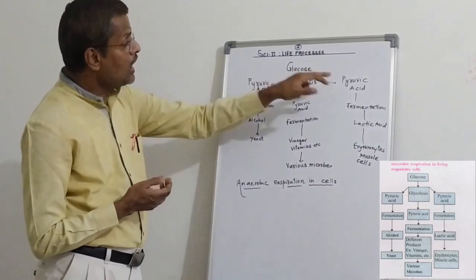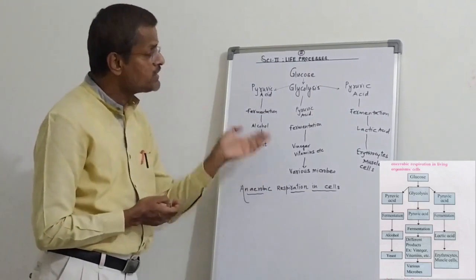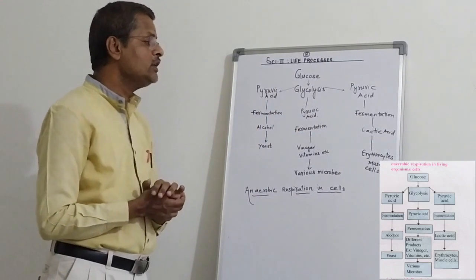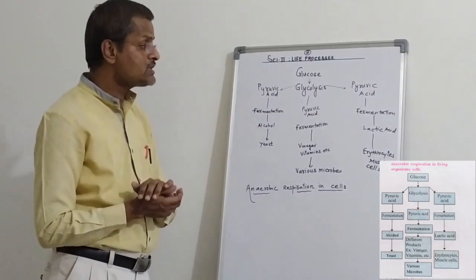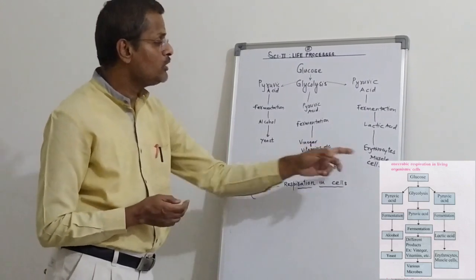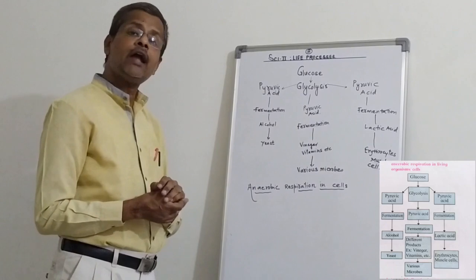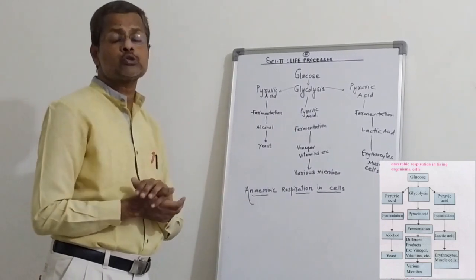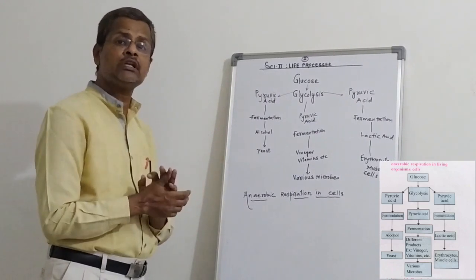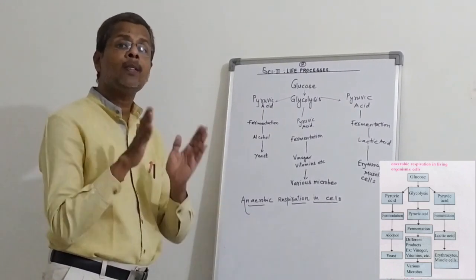Whereas in another fermentation process, pyruvic acid undergoes fermentation to produce lactic acid, and this lactic acid will be stored in muscle cells. They are called erythrocytes, and because of this production or deposition of lactic acid in the muscle, we sometimes feel cramps in the muscles.